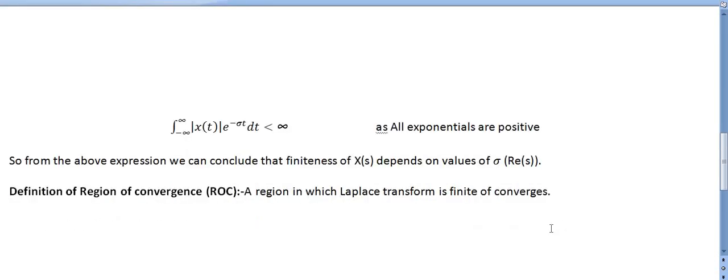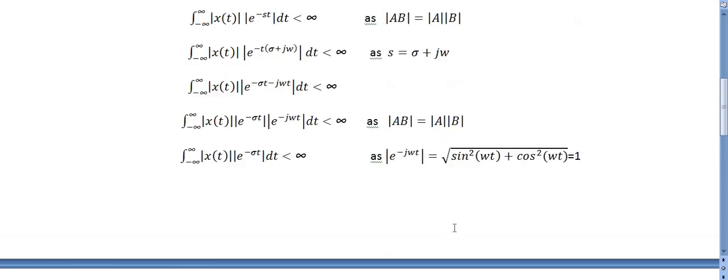So that is the definition of region of convergence: the region in which Laplace transform is finite or converges, or the range of values of sigma for which Laplace transform is finite, having a value less than infinity.